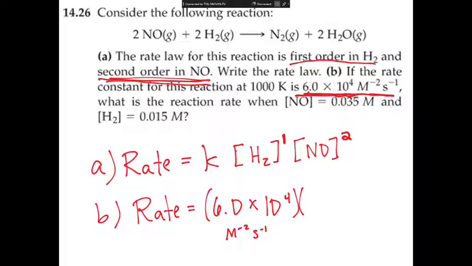When NO is 0.035 and H2 is 0.015. So make sure we plug these in the right spots here. H2 is 0.015, NO is 0.035. They keep switching the order around on us. And then we would just, like before, multiply those 3 numbers times each other and make sure we square the 0.035 first for order of operations.